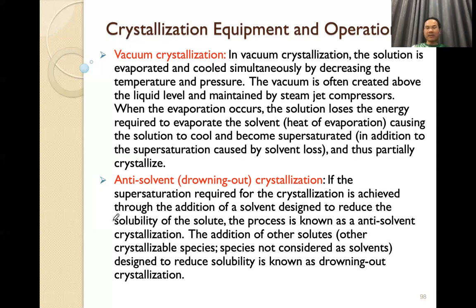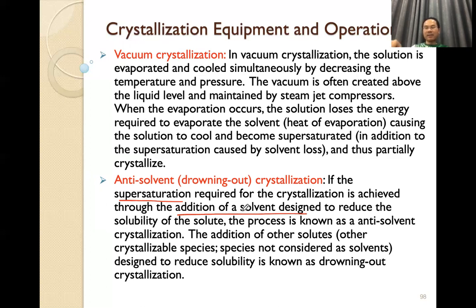And anti-solvent, or we call this drowning-out crystallization. For this case, the crystallization can be induced by increasing the supersaturation by adding another solvent. For example, we have a protein or amino acid dissolved in water, and then you can add another solvent.